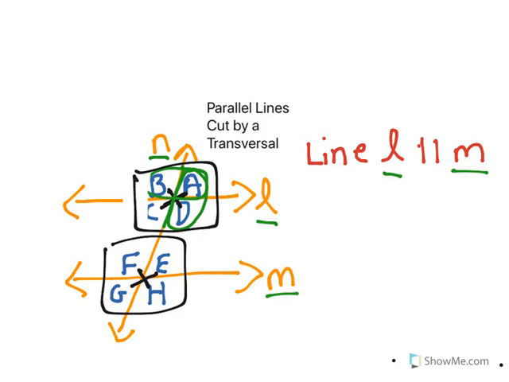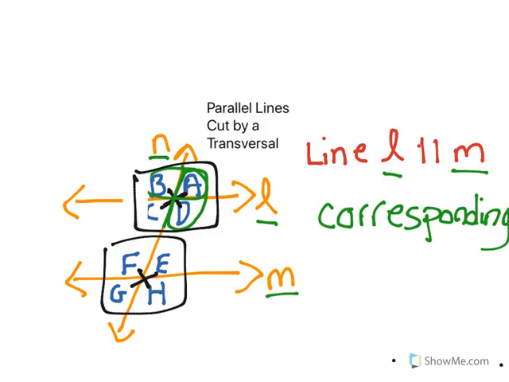Angle D and angle H, those would also be considered in the same spot. So when angles are in the same spot, just on their different parallel line, that's what we refer to as corresponding angles. And corresponding angles are also always going to be equal to each other or congruent to each other.